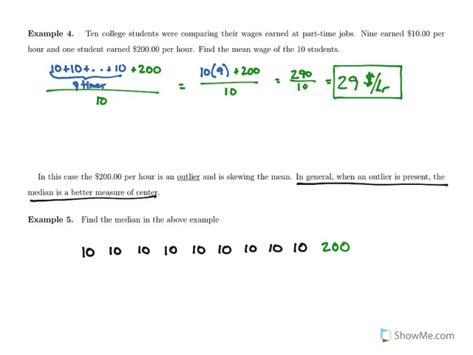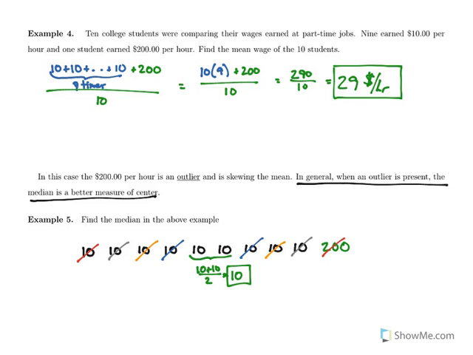To look at the middle values, kind of just cross out the end values one at a time until we get to the center. And here we're left with actually 2 values in the center, so we're going to take the average between them, which is just going to be 10. So our mean is 29, our median is 10.